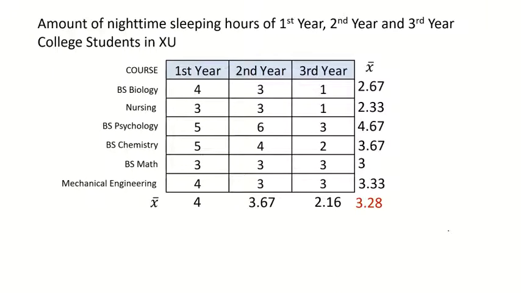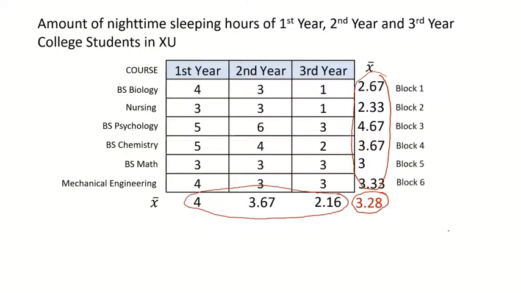It's important to note that the means of the rows, which are these, and the means of the columns, which are these, have the same overall mean, which is 3.28. The rows are also known as the blocks.